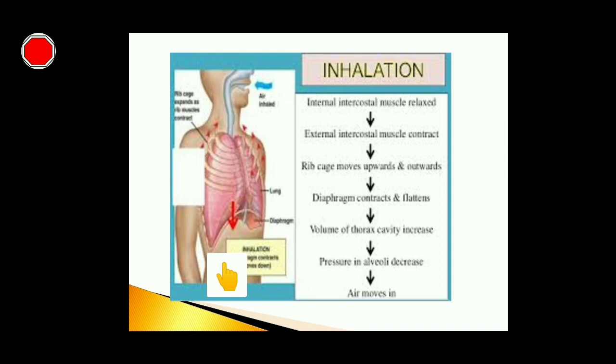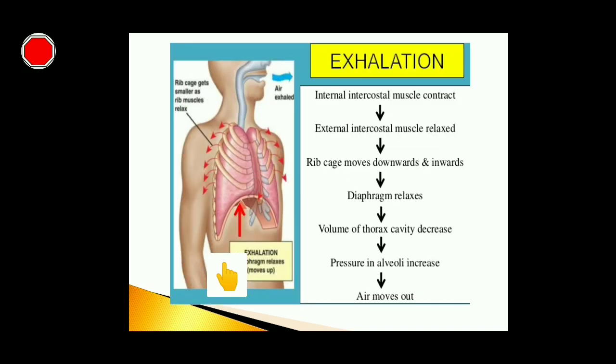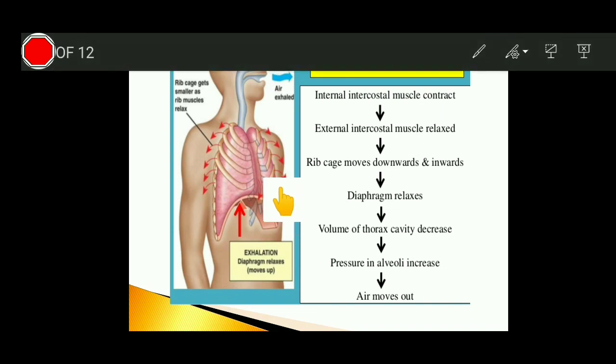Now, in the reverse case, after inhaling, what happens? The internal intercostal muscles contract and external intercostal muscles relax. As a result, the rib cage moves inwards and downwards, and the diaphragm moves upwards and becomes dome-shaped.